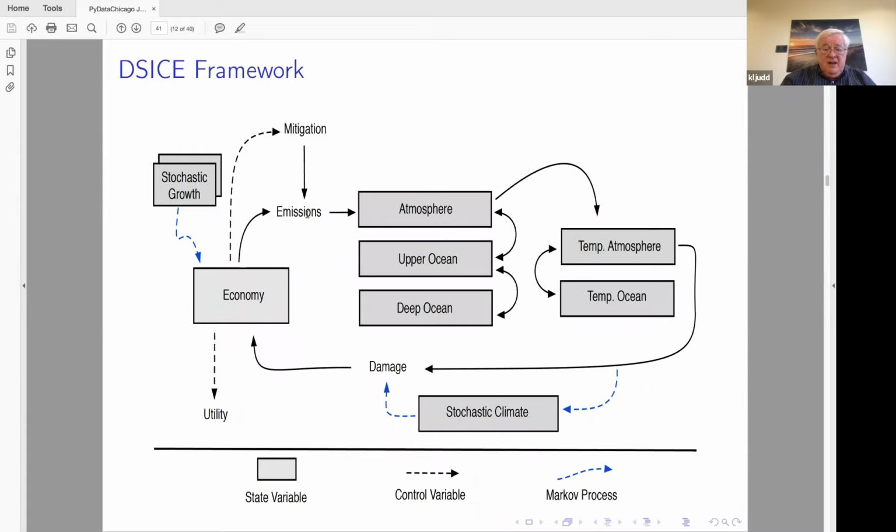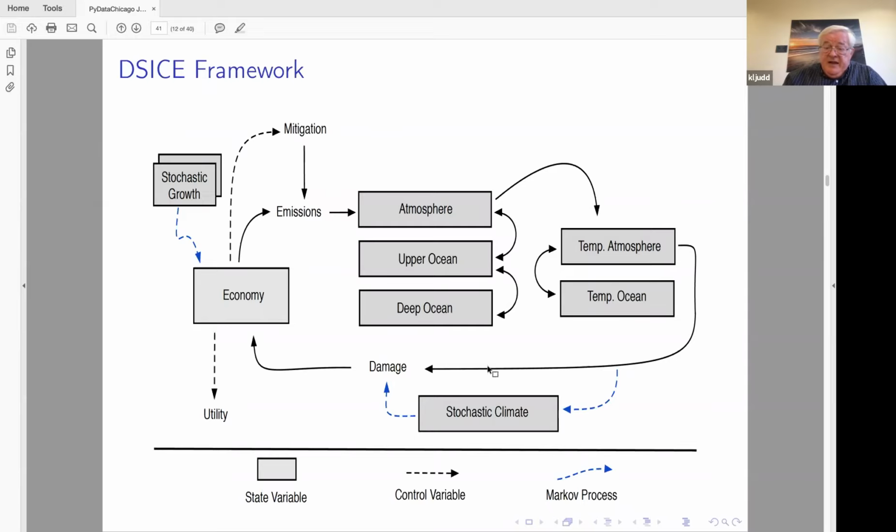So the economy creates emissions. Emissions of CO2 go in the atmosphere. And then the CO2 gas diffuses between atmosphere, upper ocean, and deep ocean. And then in the atmosphere, the CO2 creates interactions with radiation and heat that increase the temperature of the atmosphere, which then also increases the temperature in the ocean.